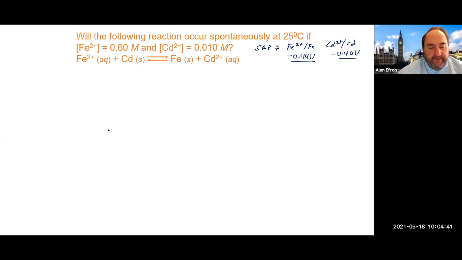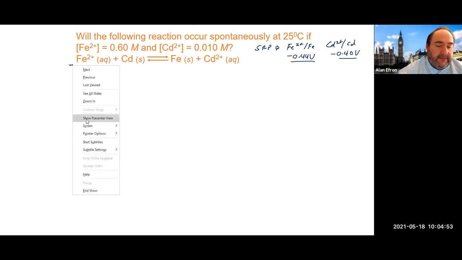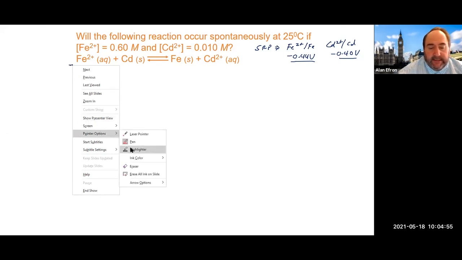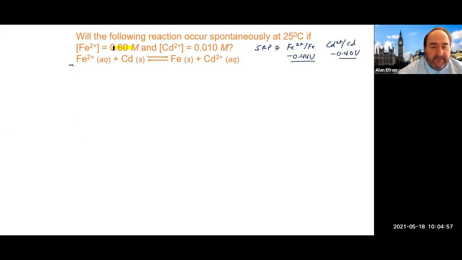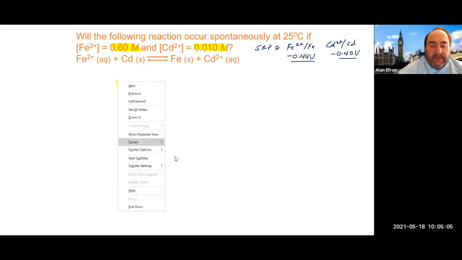See how we're doing. First off, we are wondering if it's going to occur spontaneously. We have a number of choices, but one thing we should recognize in this situation is that the concentrations here are not 1 molar, which tells us we're under non-standard conditions.